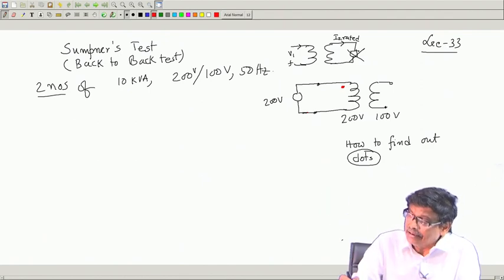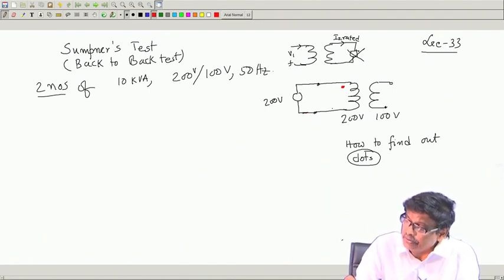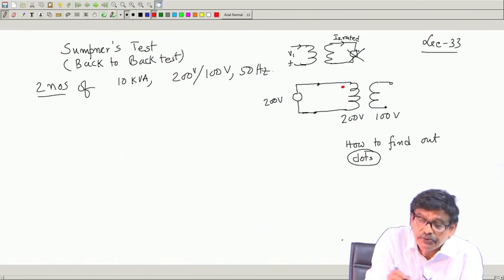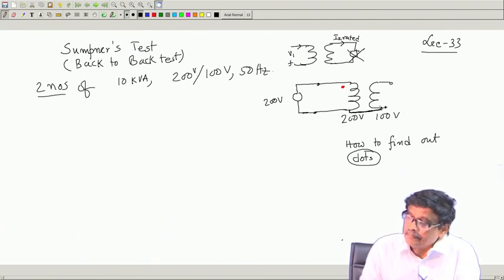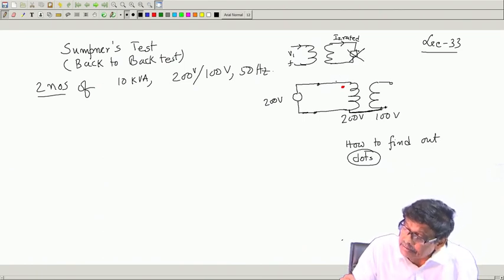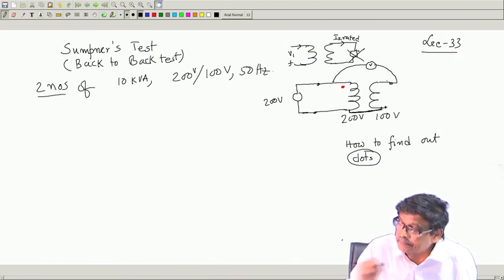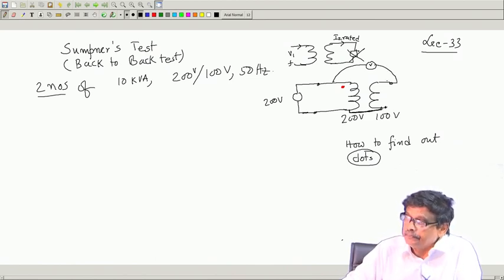Now, what you do is short these two terminals, take a piece of wire, connect these two terminals, and take a voltmeter and connect it here. That is what you do.